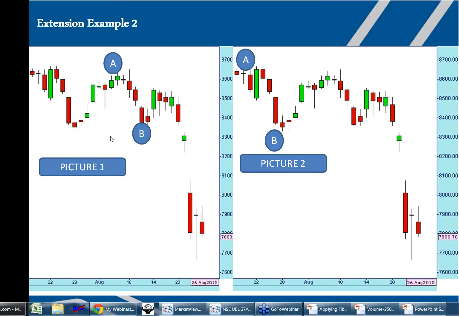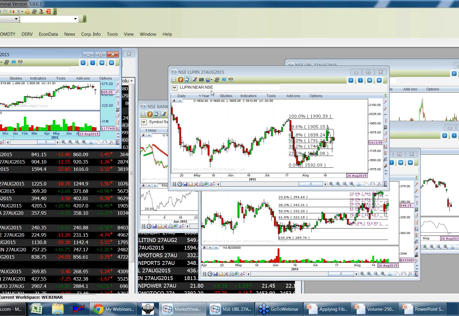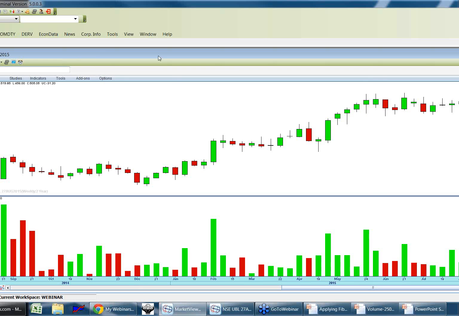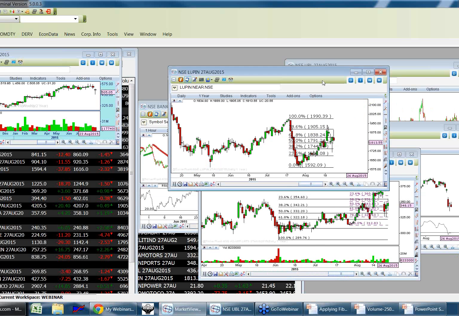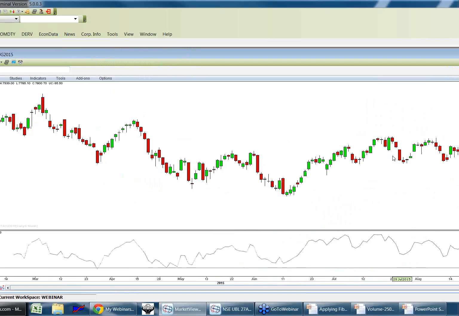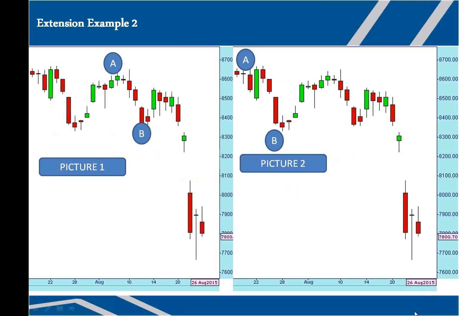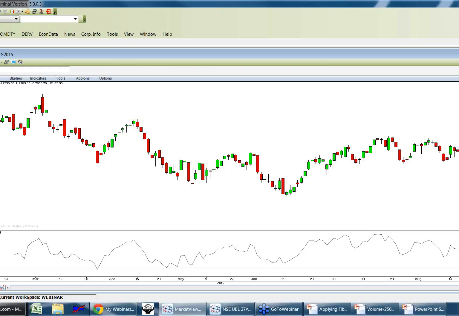Why don't we do one thing? Let's plot it. The answer is picture 1, but I'll show you on the chart. This is a chart of Nifty. What are we doing here? Here the Nifty is heading lower, right?